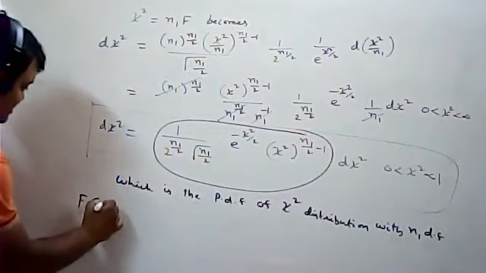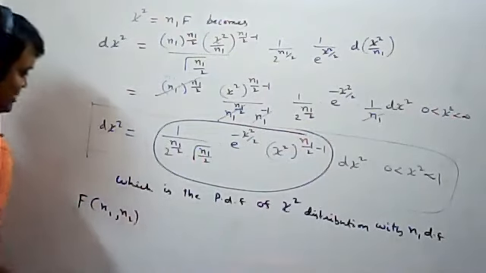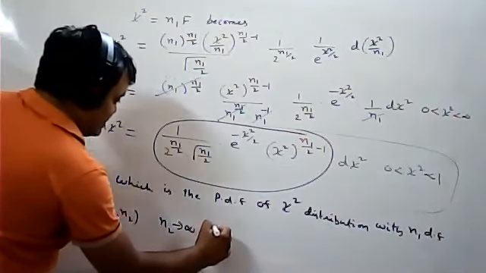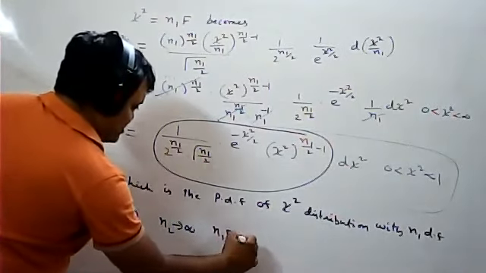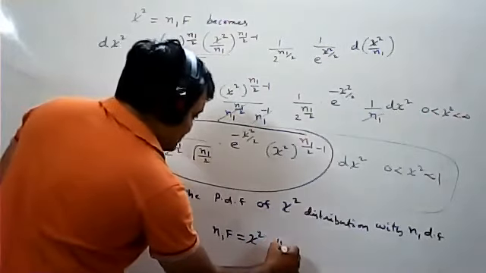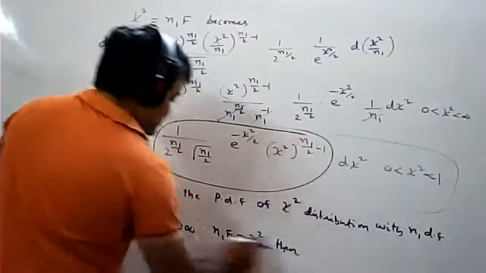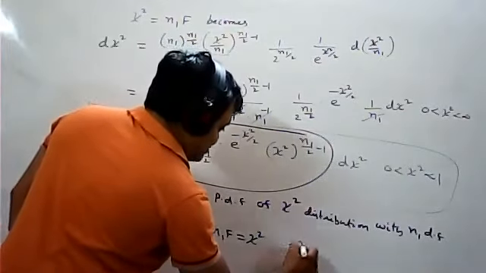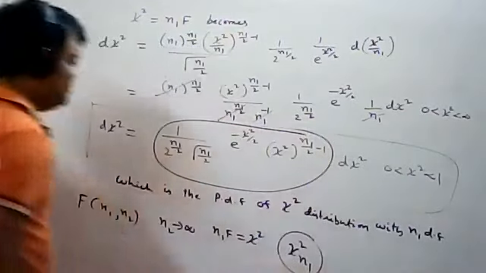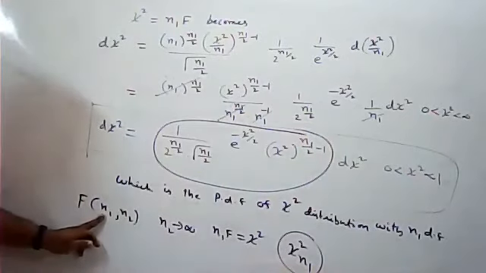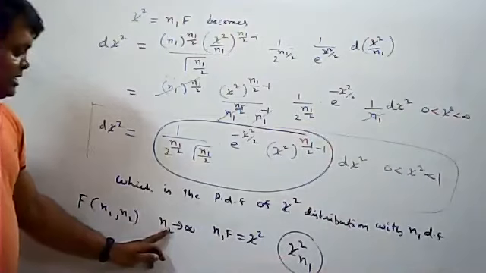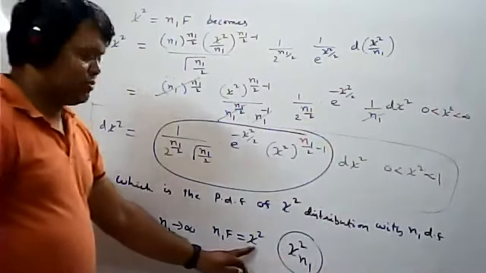In F distribution with N1, N2 degrees of freedom, if we let N2 tend to infinity and take N1 F equal to chi square, then chi square follows chi square distribution with N1 degrees of freedom. That is the reason I have considered the F distribution density function. In that I first calculated N2 tends to infinity. After that I applied N1 F equal to chi square.